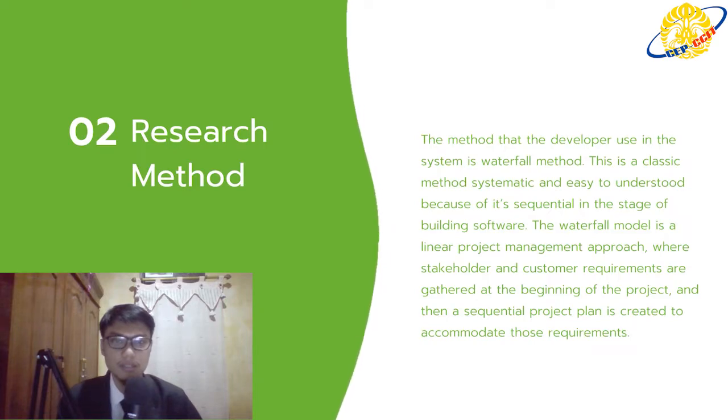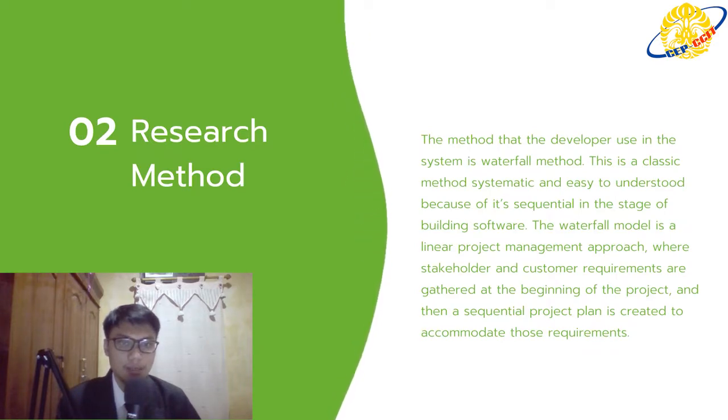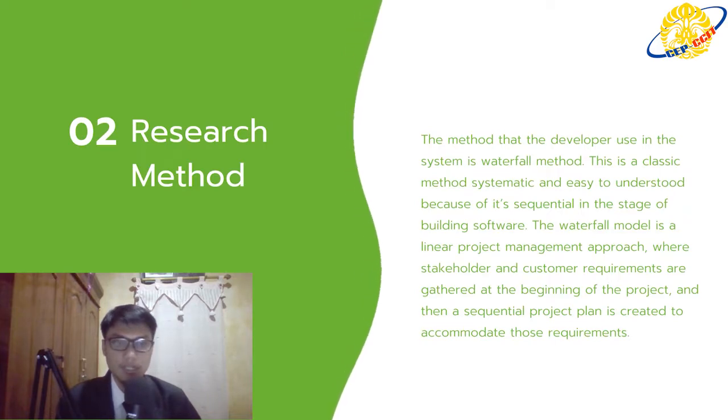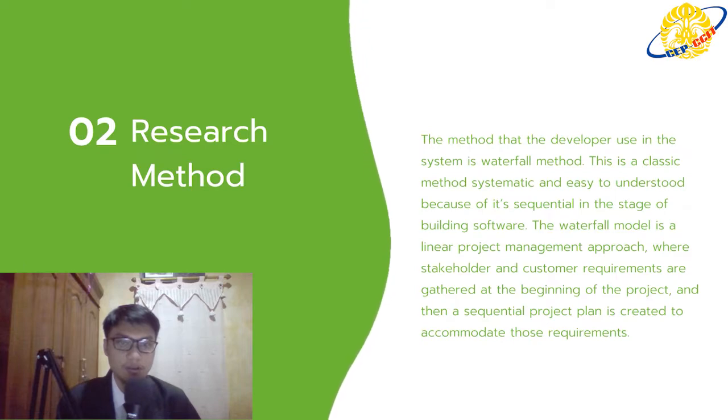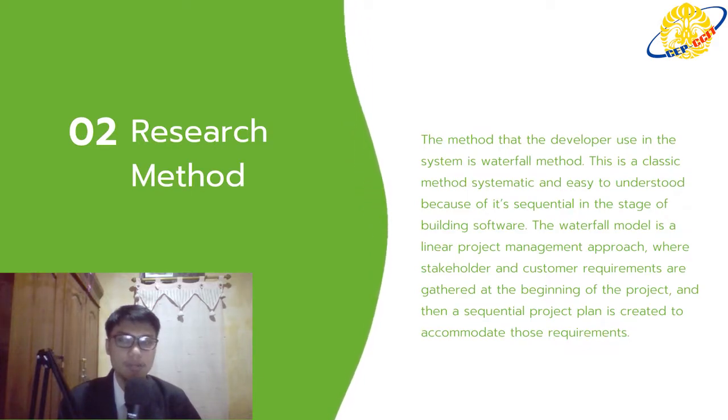The waterfall model is a linear project management approach where stakeholder and customer requirements are gathered at the beginning of the project, and then a sequential project plan is created to accommodate those requirements. The waterfall model is so named because each phase of the project cascades into the next, following steadily down like a waterfall. It's a two-row structure methodology and one that's been around for a long time because it works.